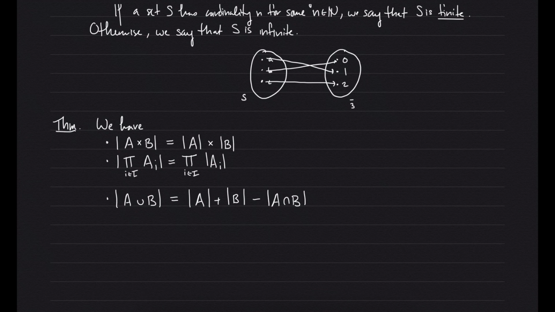In particular, if A and B are disjoint, which means that their intersection is empty, they don't overlap, then there's nothing in that last term, so we see that the cardinality of the union of A and B is just the sum of the cardinalities of A and B.